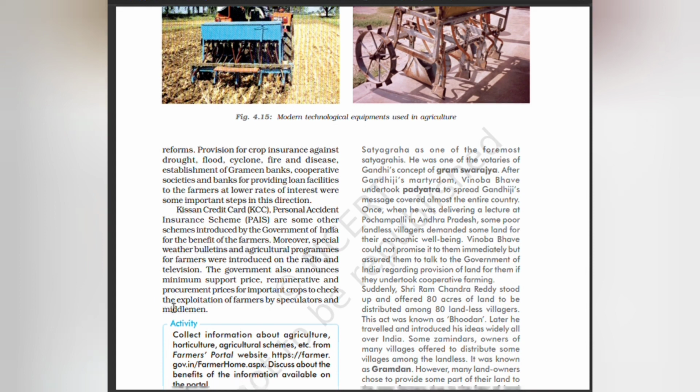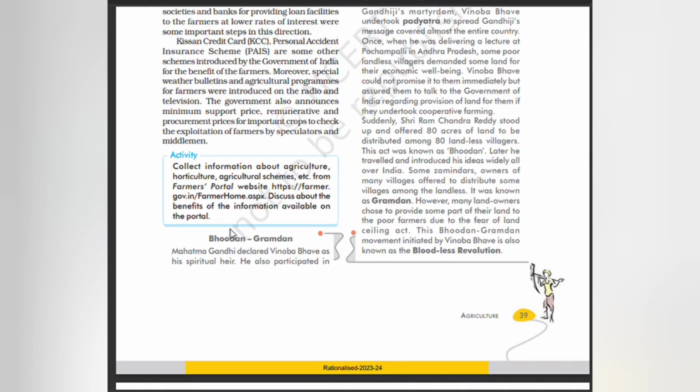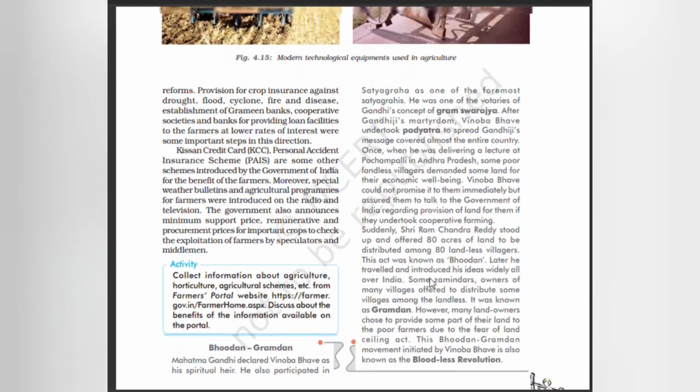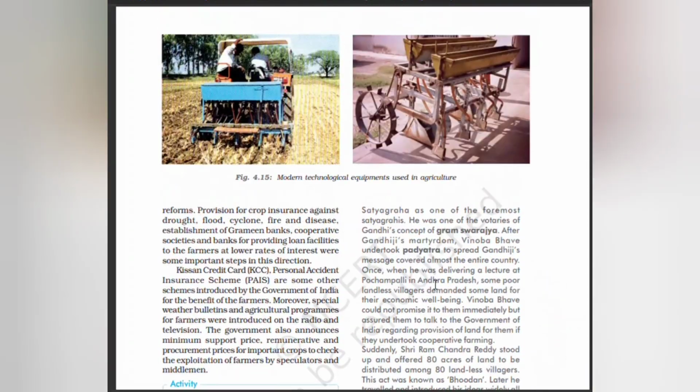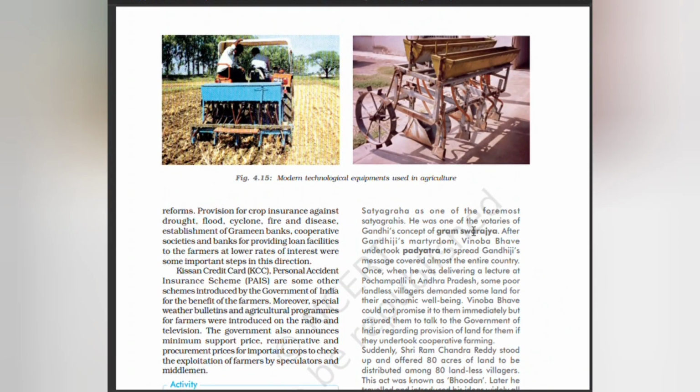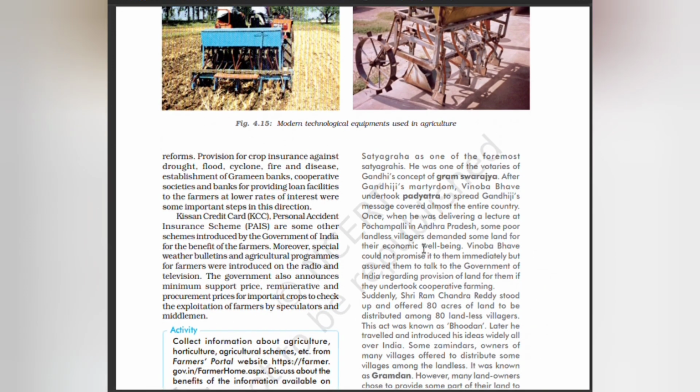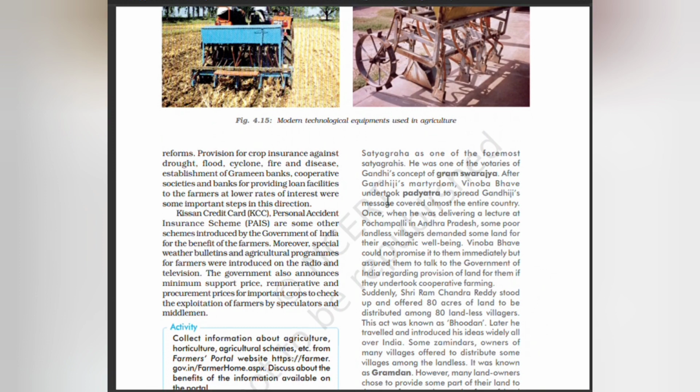Bhoodan and Gramdan. Mahatma Gandhi declared Vinoba Bhave as his spiritual heir. He also participated in the Satyagraha as one of the foremost Satyagrahis. He was one of the votaries of Gandhi's concept of Gram Swarajya. After Gandhiji's martyrdom, Vinoba Bhave undertook a Padayatra to spread Gandhiji's messages and covered almost the entire country.